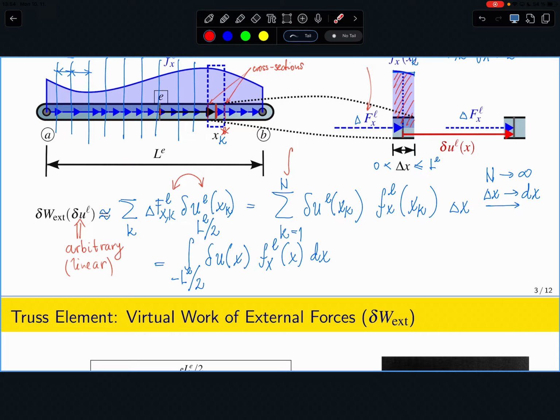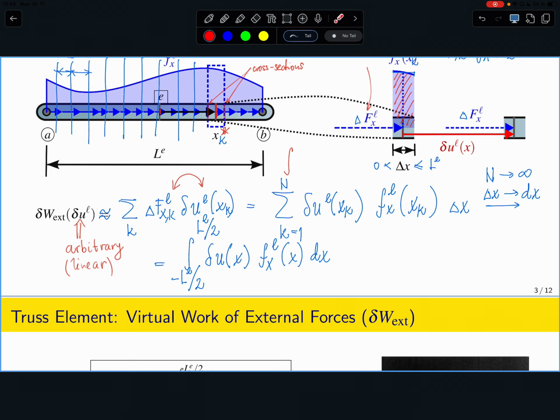So again, just imagine that you have some loaded bar in here, and you assume what would happen if you displace the left part by some amount, and in between you have this linear interpolation of these values.